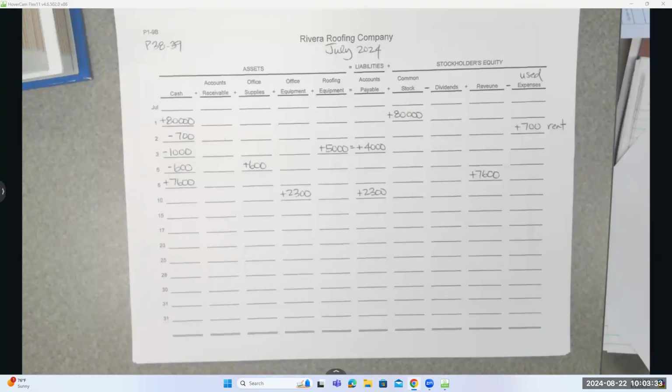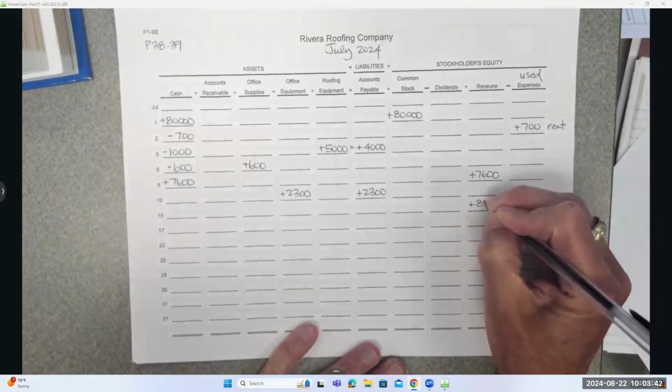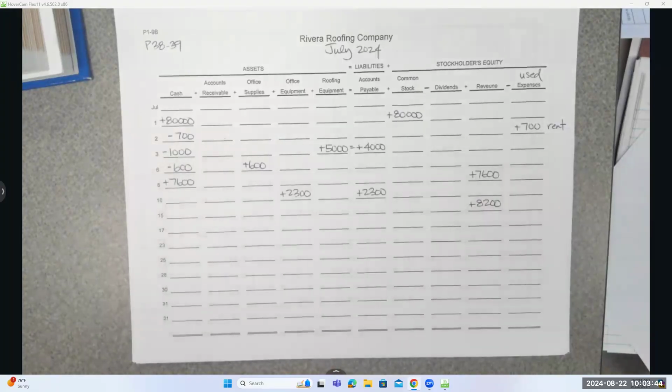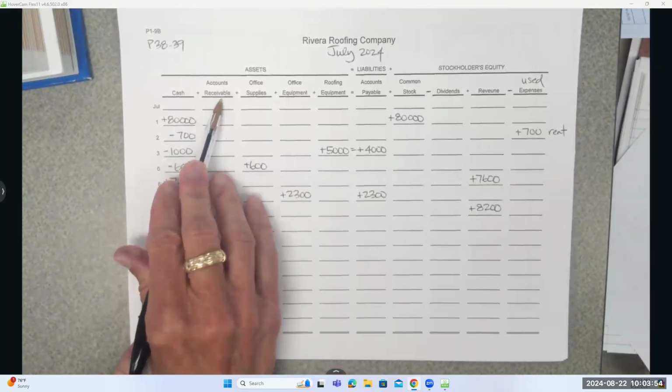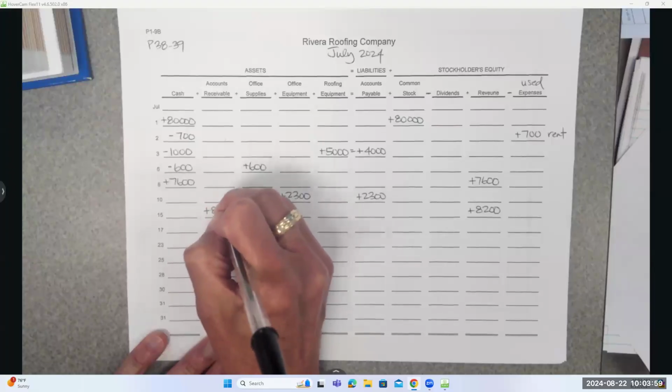The company completed work for a customer on credit in the amount of 8,200. Well, completed work for a customer means we earned it. Already past tense, it's already done. We put that in revenue. And it doesn't say we got cash. It says on credit or on account, which means they're going to pay us later, which means they owe it to us, which is accounts receivable.